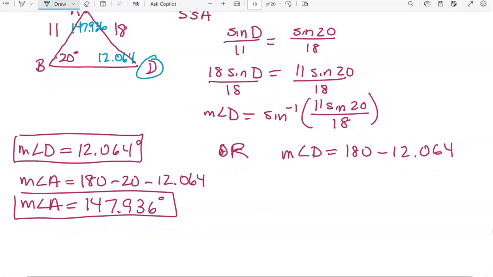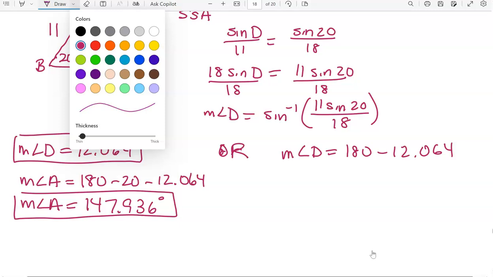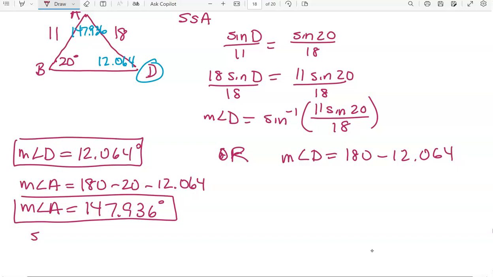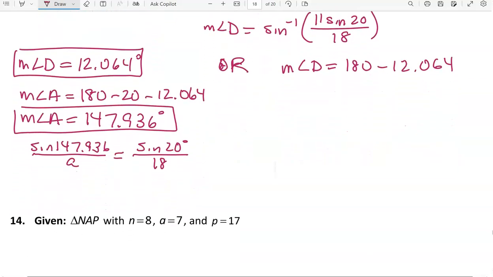So from here, in order to find the missing side, which is our third part of the triangle that needs to be found, the sine of 147.936 divided by the side opposite angle A, which we'll call lowercase a, is equal to the sine of 20 degrees divided by 18, the opposite side.